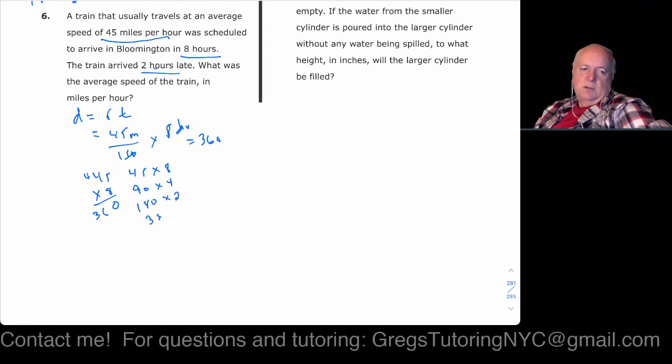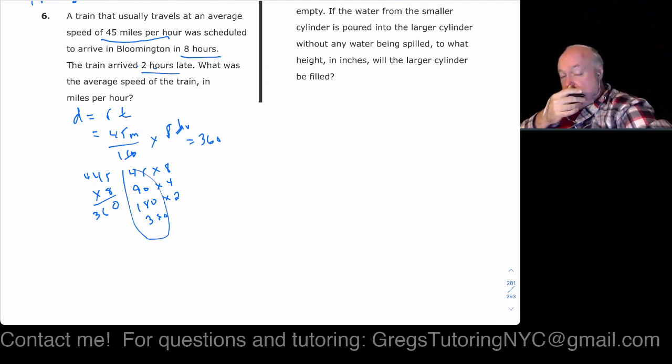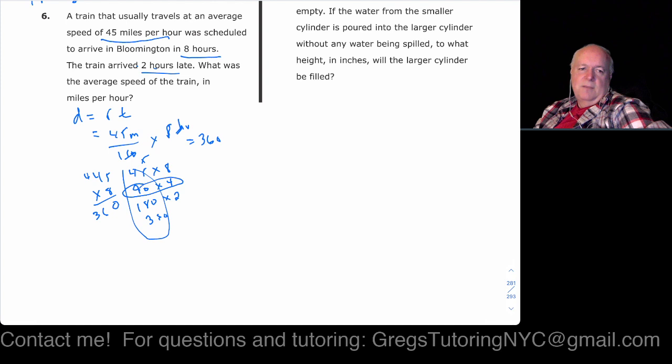So either way is fine. Sometimes you can do this in your head, although normally we're trying to avoid computations in the head unless they're totally obvious to us. You could have also just done the 90 times 4 at this point. That's easy enough to get the 360. So there's multiple ways that we're sanity checking the 360 here.